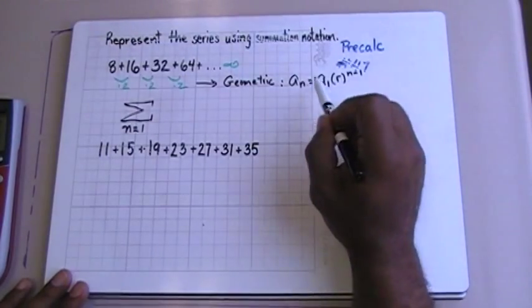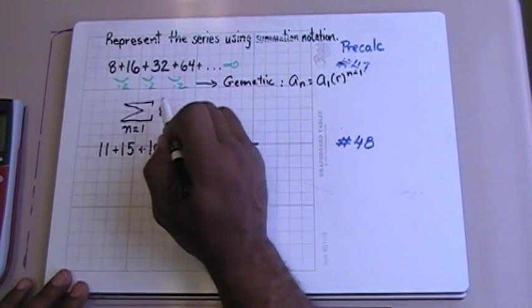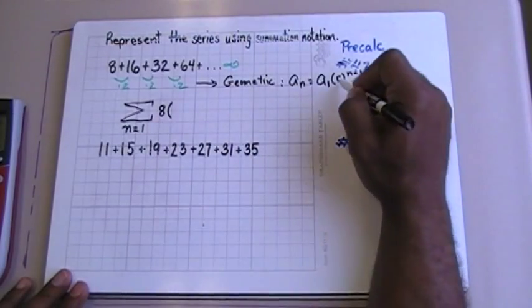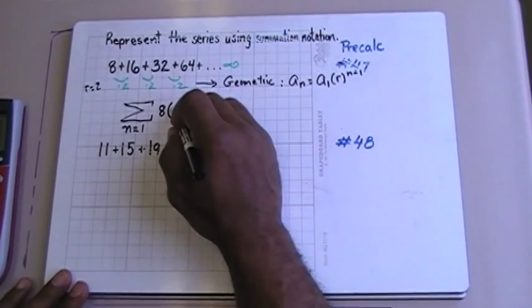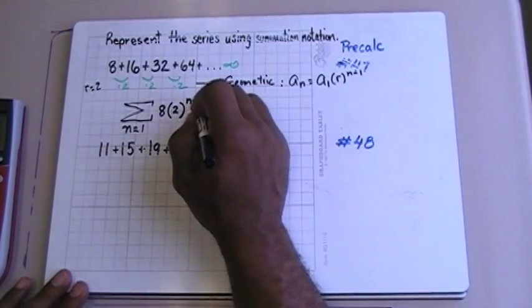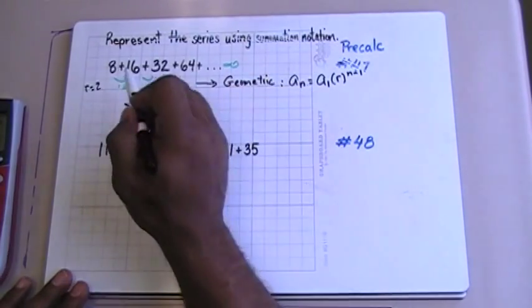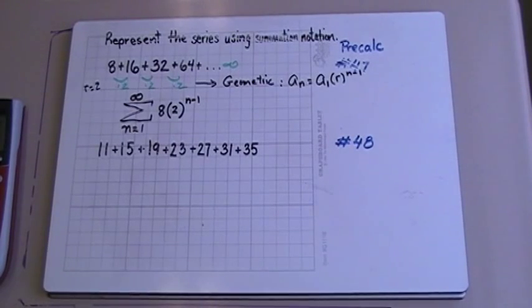The first value, a_1, is 8. The r value, which is how much we're multiplying by, is 2, so 8 times 2 to the n minus 1. And since it's going to infinity, it doesn't stop, we put the infinity sign. That's one way of doing that, and that pretty much works for us.